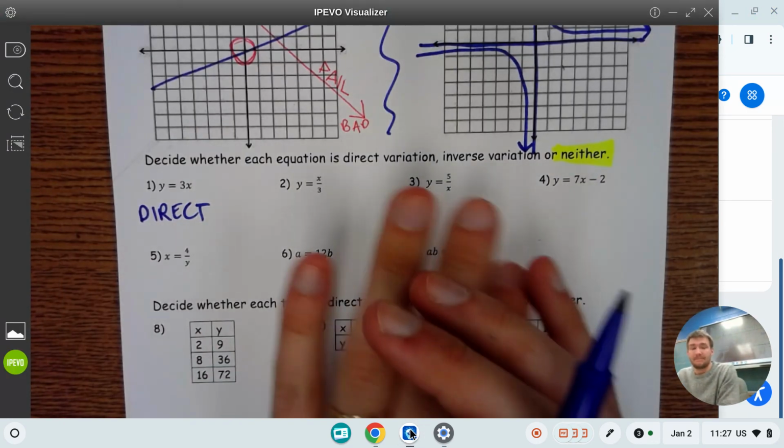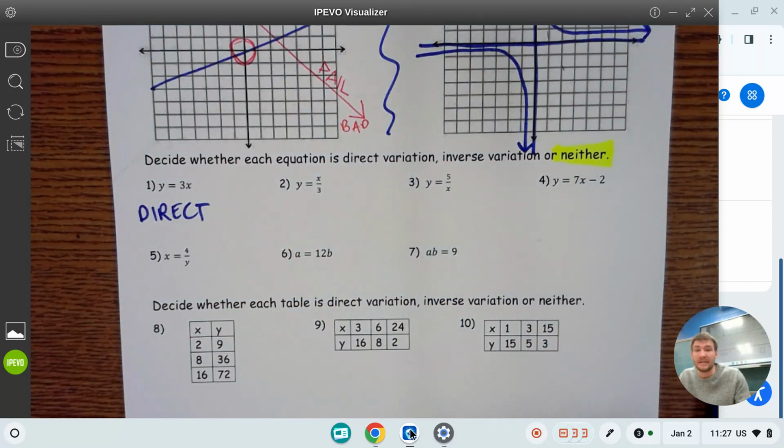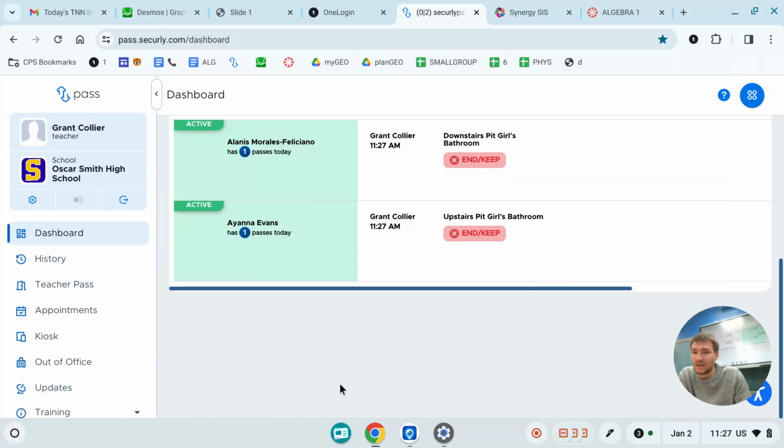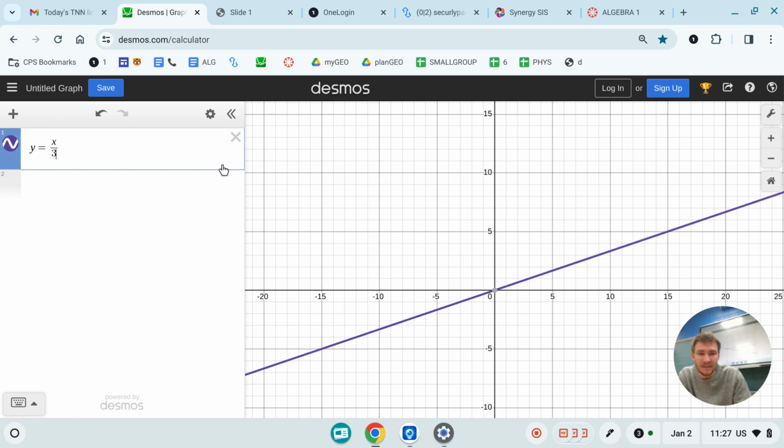Number 2, we've got y equals x divided by 3. Go to Desmos. Type it in. Y equals x divided by 3. How does this look? Direct or inverse? It should be so easy, so obvious.